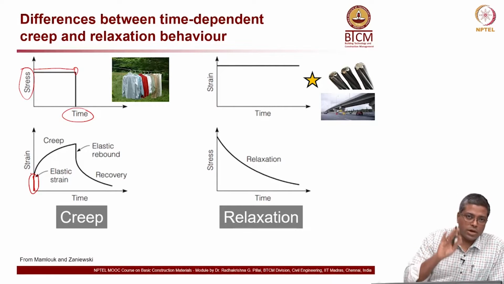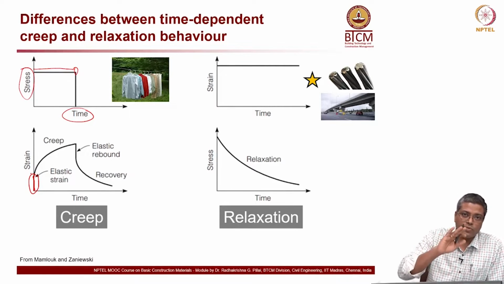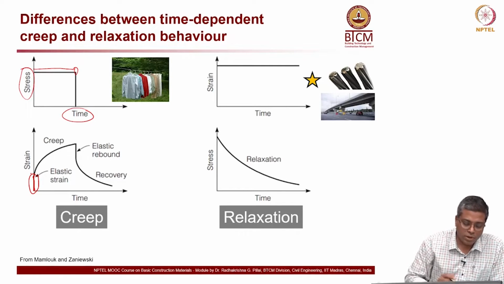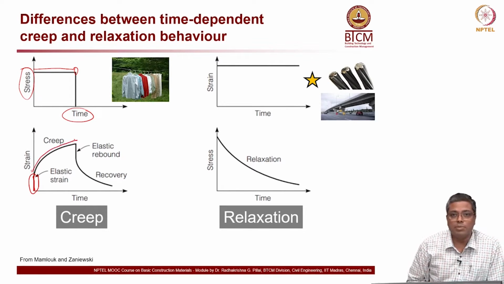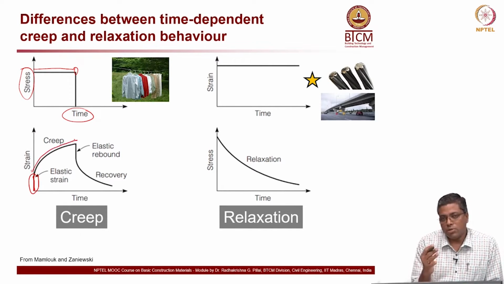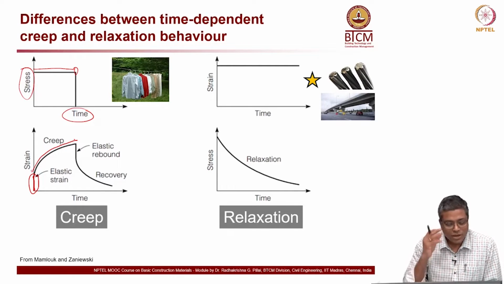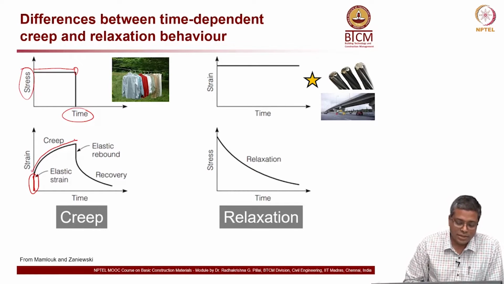Now the cloth is already there. If you leave the cloth for some time period, the string will still experience some deformation, and this is the creep deformation. I know that you do not leave the cloth for more than a day, but this is just an example which you can relate to easily.